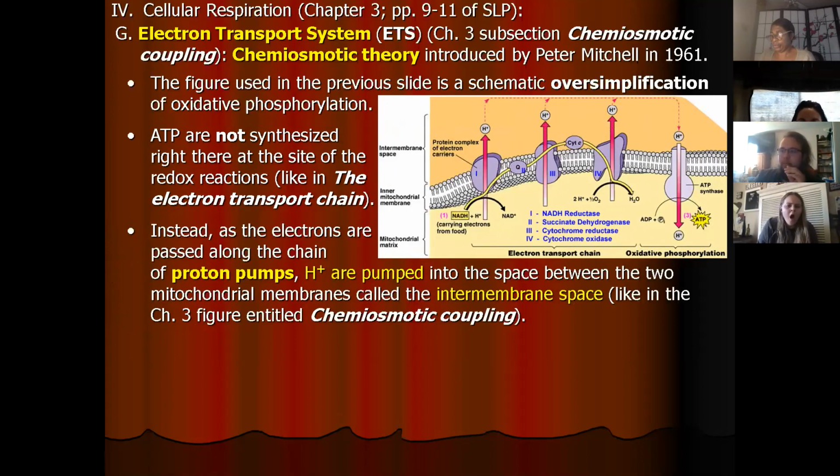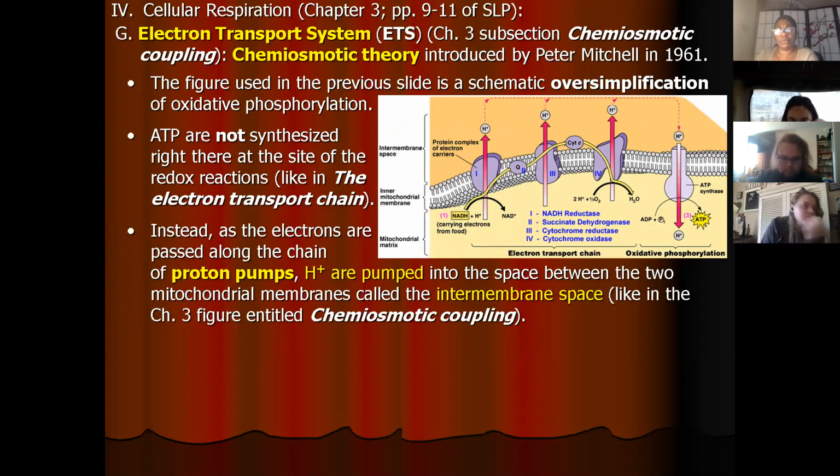Instead, what is happening is that these protein boulders are actually referred to as proton pumps. Why? These brown circles here are proton pumps.